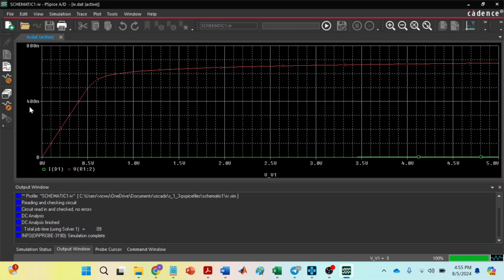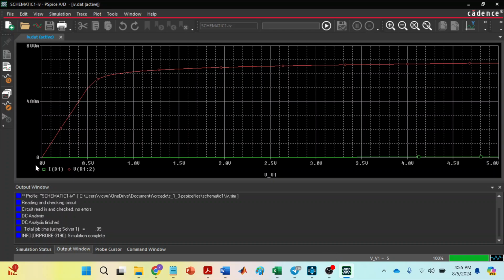This is the IV curve. Here is the power supply voltage being swept from 0 to 5 volts in steps of 0.1 volts. Here is the diode current, and here is the voltage, not the diode voltage, but the power supply voltage being switched from 0 to 5 volts.